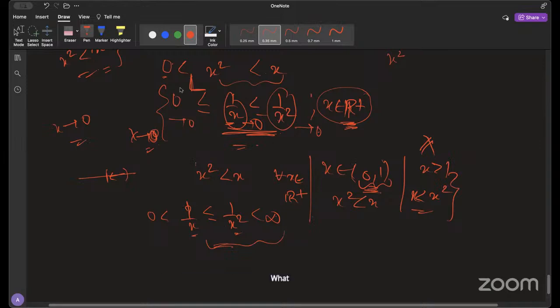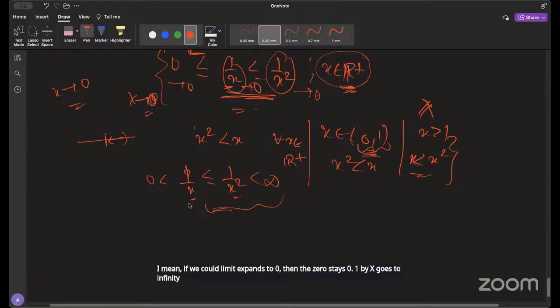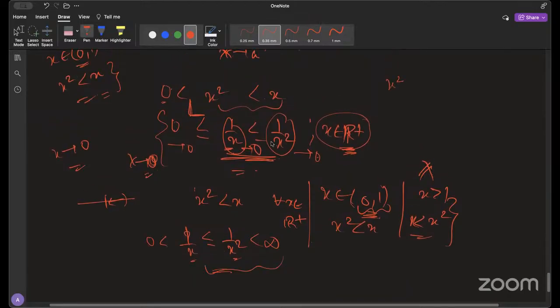What is your question? I don't think I understand. I mean, if we put limit x tends to 0, then the 0 stays 0, 1 by x goes to infinity, and 1 by x square also goes to infinity. Okay, I think we just took the wrong example then. Let's take the limit x tends to infinity.